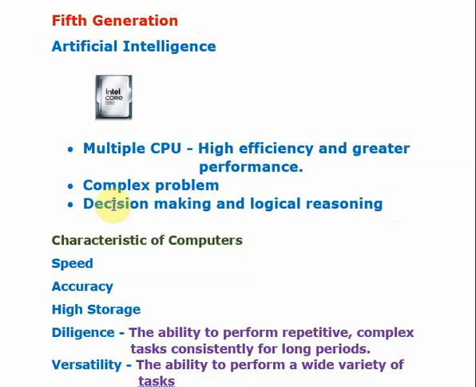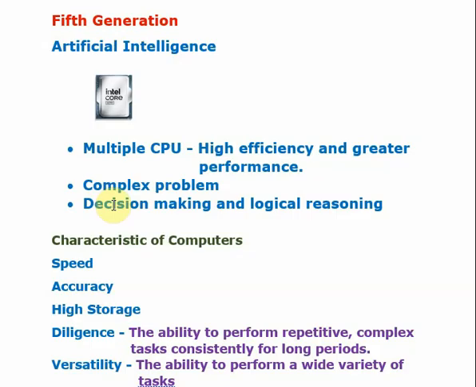Then the characteristics of computers: speed, can work very fast, right. We can also calculate, but we take time, no, with huge numbers, even to add two huge numbers. But once it is trained, it can't think and do, but once it is trained, we need to provide proper instruction, then the computer can quickly calculate and give the answer.